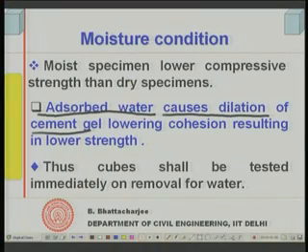Now, when a lot of adsorbed water is there, the gel water pushes the layers away and there is a kind of dilation. This dilation results in lower cohesion between the gel particles or gel layers, and since there is lower cohesive force, there will be lowering of the strength.